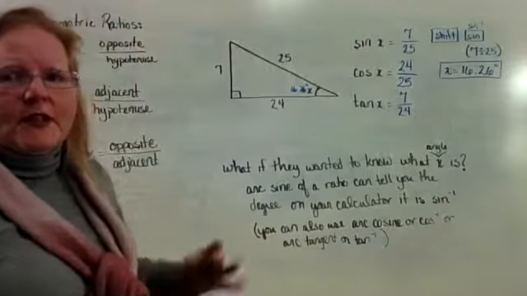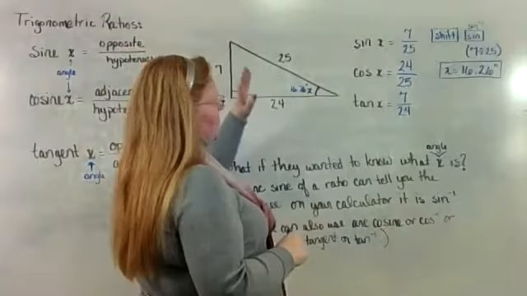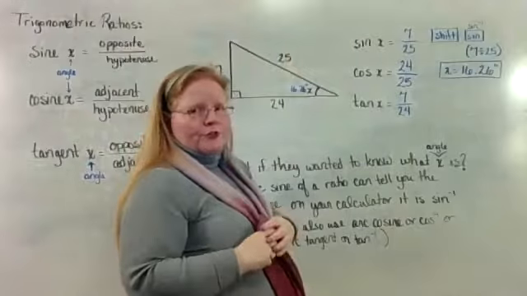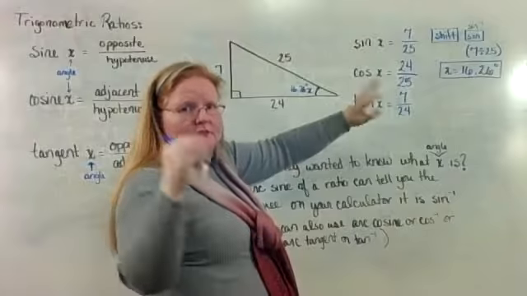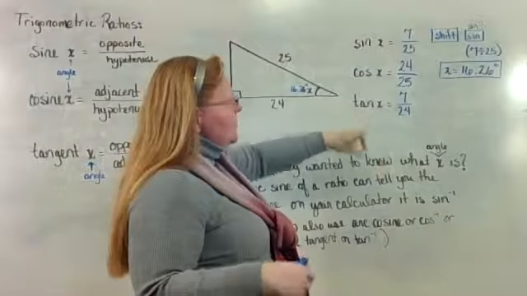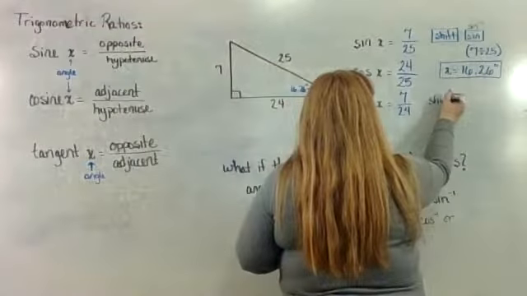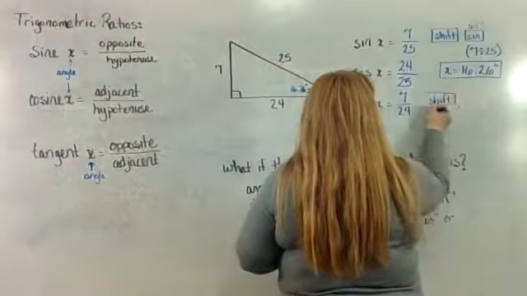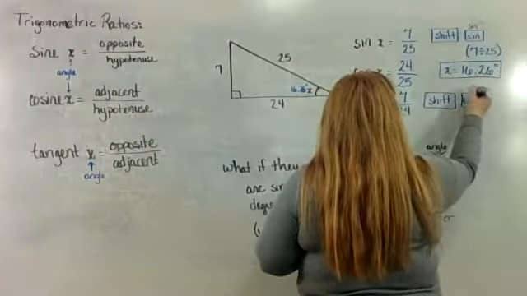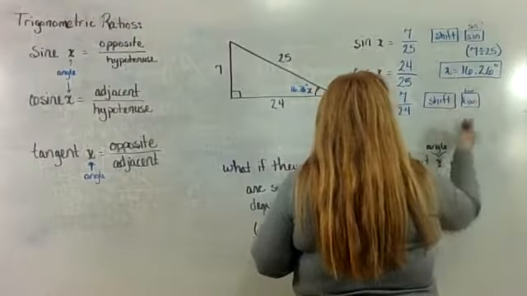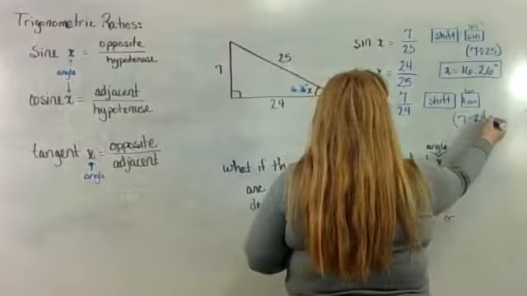Now, here's the thing. Sometimes they're going to give you the information that you need for the one that they want you to use. So here we had all 3. We could have used any 3 of these. In fact, we're going to do another one. Let's do the tangent one. So you would do the shift, and then you would do tangent, which will give you your tangent inverse, and then you would do your 7 divided by 24.